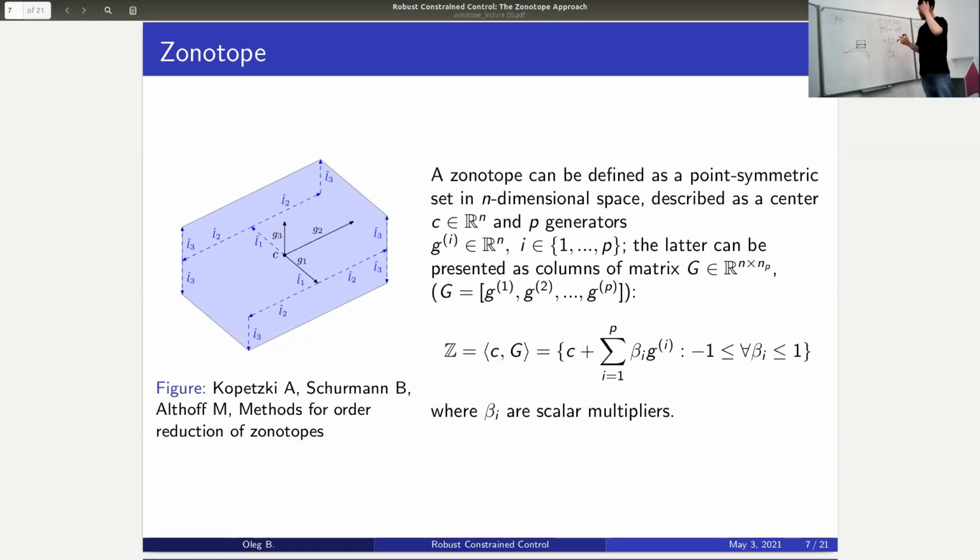Just to be clear, the important part here is that this figure is a geometric figure that has to be a polytope. When we say Zonotope, we should remember that it is not just a description with a generator and a center, but also a geometric figure.